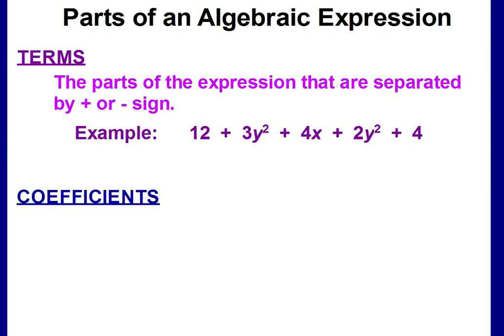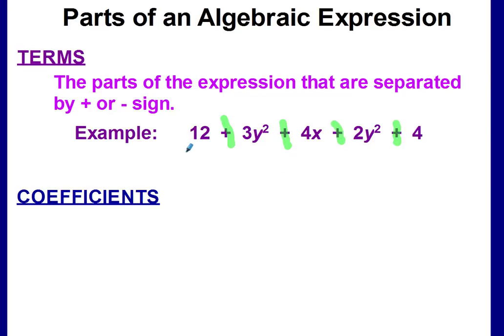Terms are the parts of the expression that are separated by a plus or a minus sign. Now these plus and minus signs, they're actually the signs of the terms that are to the right of it. So for example, in this expression 12 plus 3y squared plus 4x plus 2y squared plus 4, you can look at this as the terms being separated by the plus and minus signs.